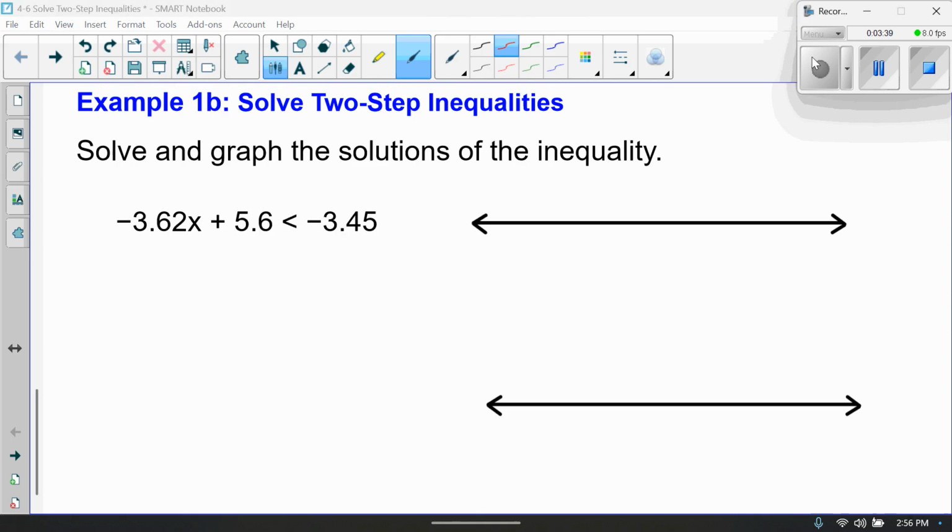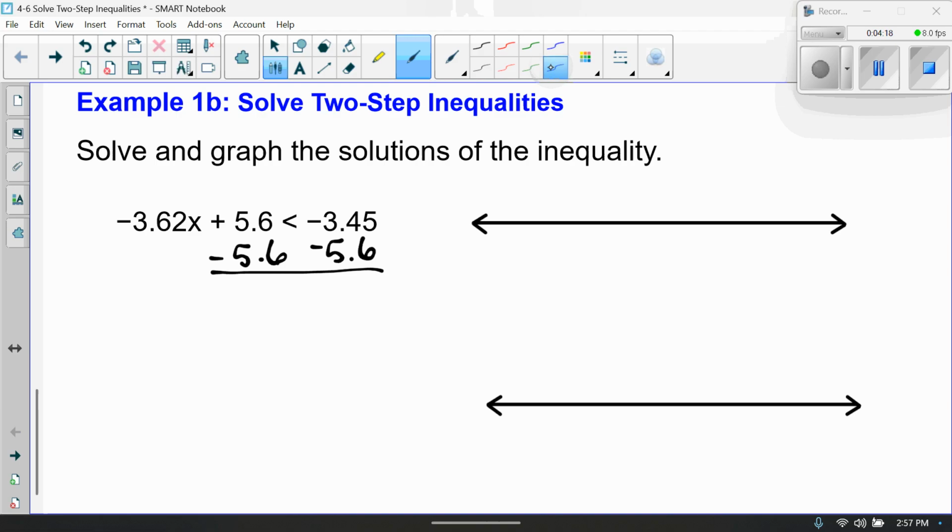All right, so for the second one, we've got a negative 3.62x plus 5.6 is less than negative 3.45, okay? Everybody got it written down? So we want to solve for x, so we want to use our cover-up, cover that up, and what do I want to get rid of? The 5.6. So how do I get rid of that 5.6? Very good. So minus 5.6 on both sides.